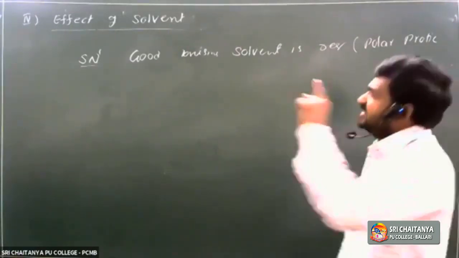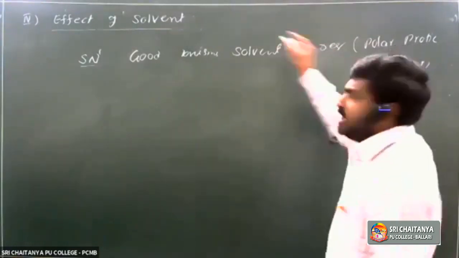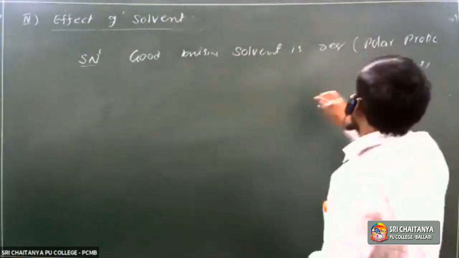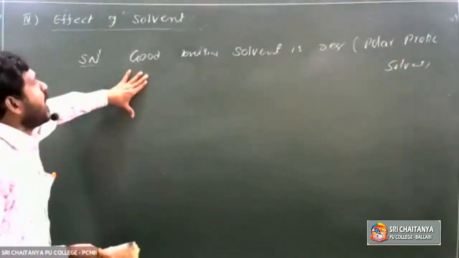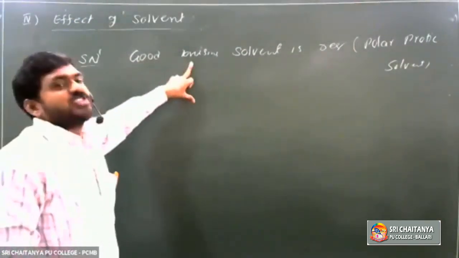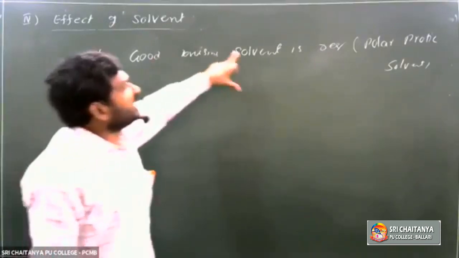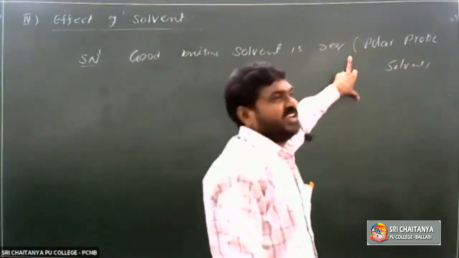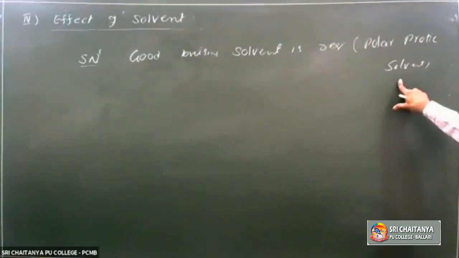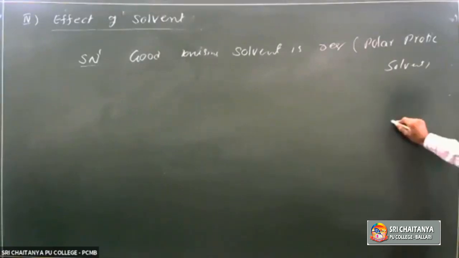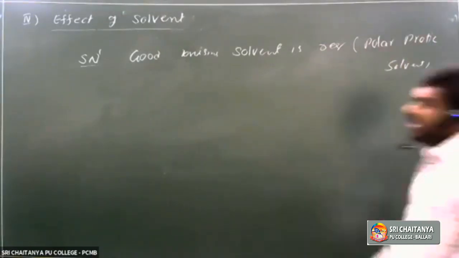In an SN1 reaction, polar solvents are required to ionize the C-X bond. So which is an ionizing solvent? Polar protic solvent. Examples: water, ethyl alcohol, acetic acid. These are all polar protic solvents.